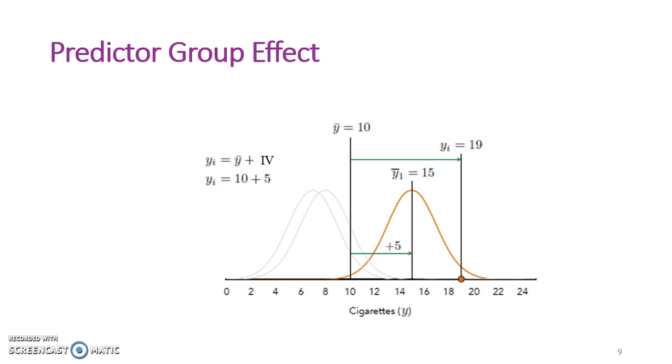So there's a deviation between the overall mean and the group mean. That deviation is positive 5, the difference between the overall mean of 10 and the group mean of 15.